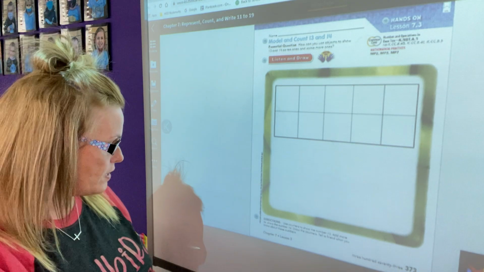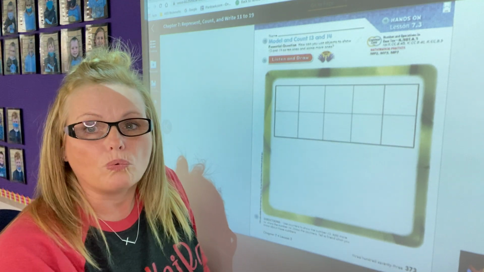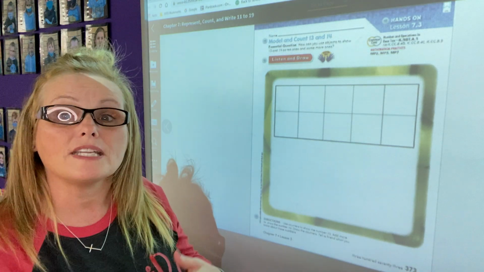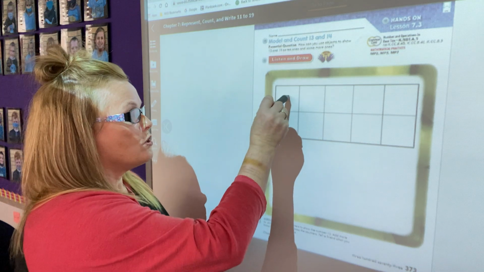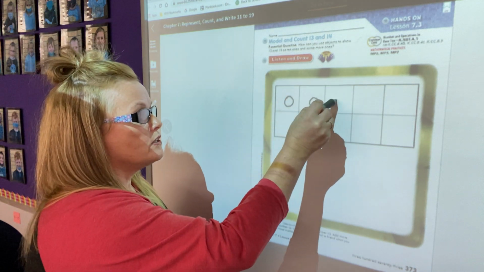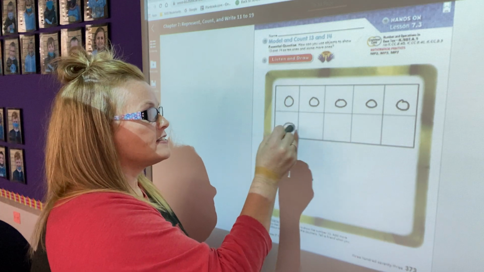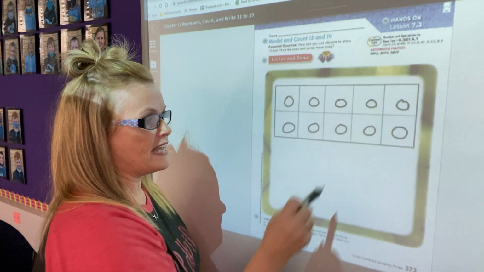All right, here we go. So today, let's start with number 13. So we'll go ahead and fill in that 10 frame because we know that 13 is greater than 10. So we'll always start with that base 10. So 1, 2, 3, 4, 5, 6, 7, 8, 9, 10.